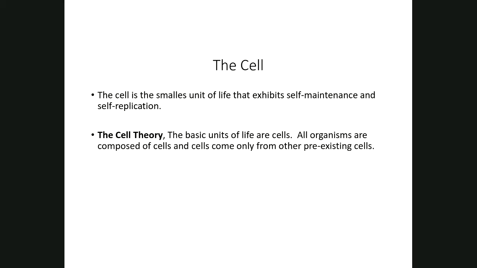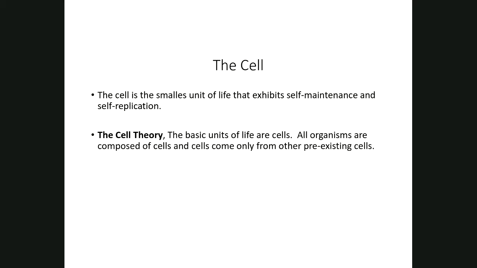So the cell theory states that the cell is the basic unit of life, and all organisms are composed of cells, and all cells arise from pre-existing cells, right? And like I was saying before, cells are the smallest unit of life.